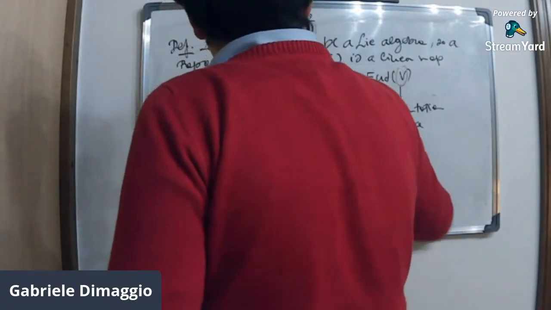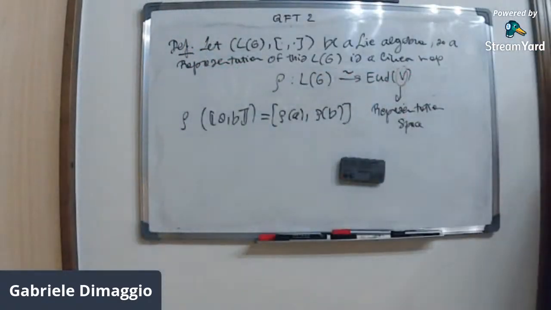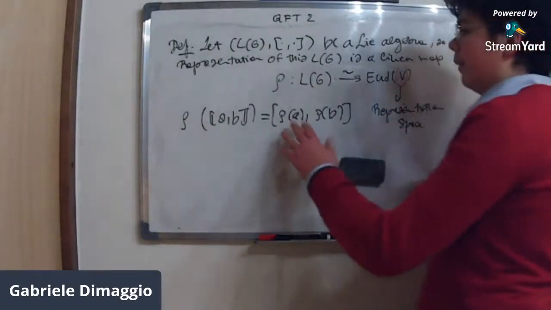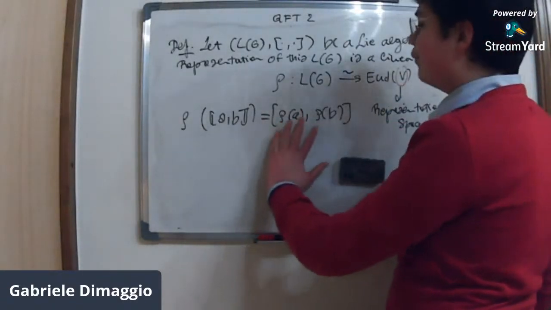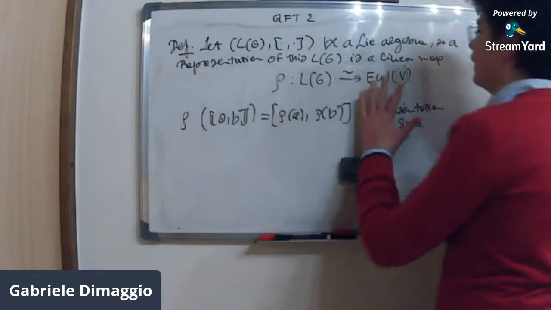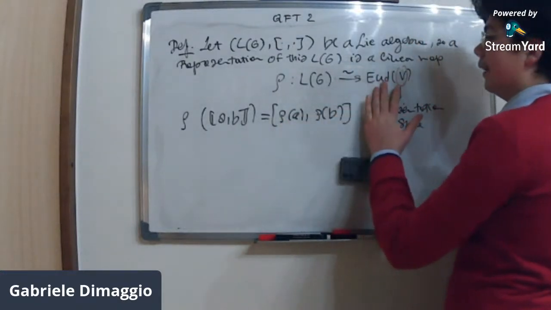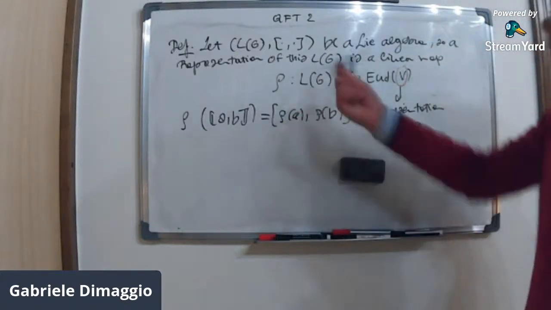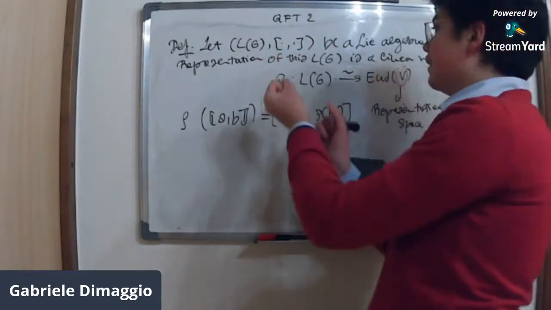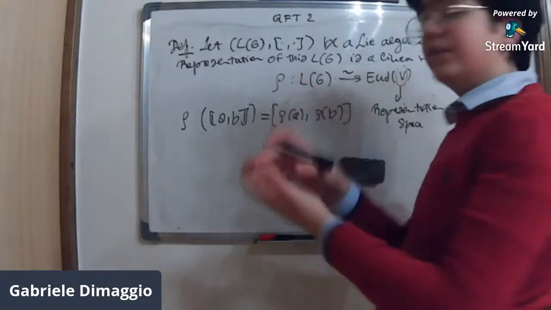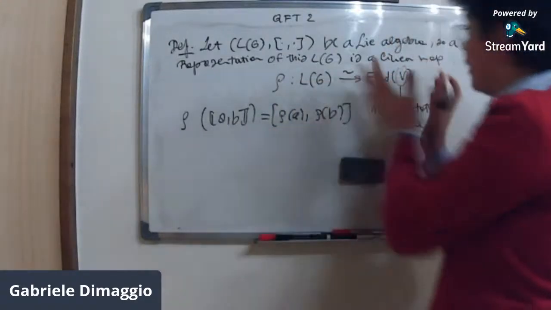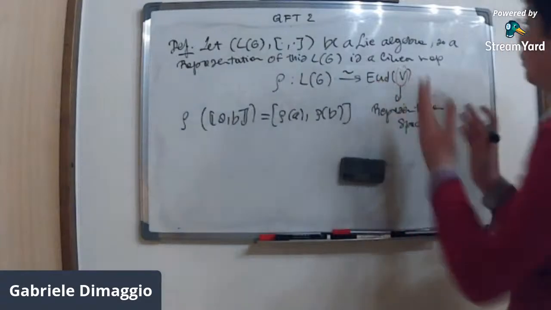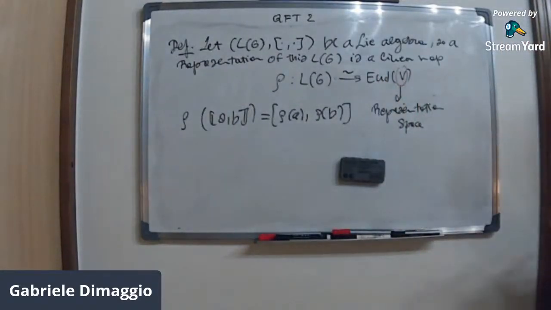Of course, in this case I don't have any vector fields. In fact, rho of A is an endomorphism over V. So this function takes a vector and gives another type of function, an endomorphism over an arbitrary vector space V.